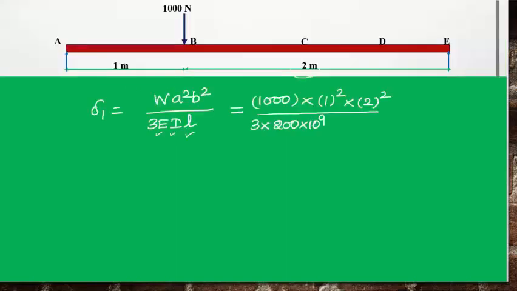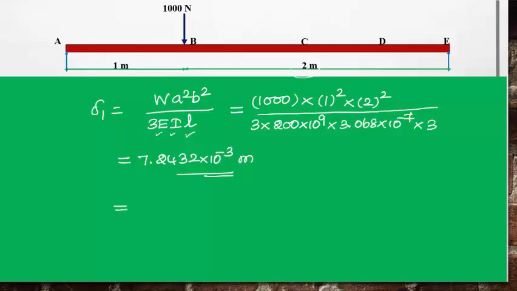On substituting the value of I here, 3.068 into 10 power minus 7 into the length of the shaft, 3 meter, the value of del 1 is obtained as 7.2432 into 10 power minus 3 meter.